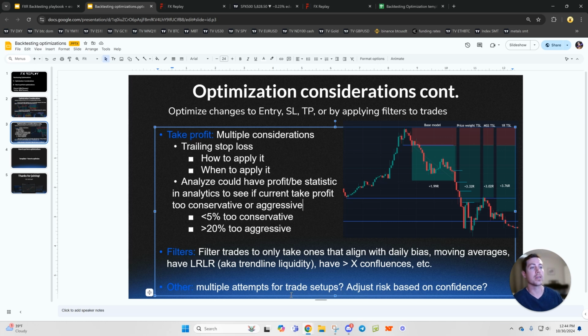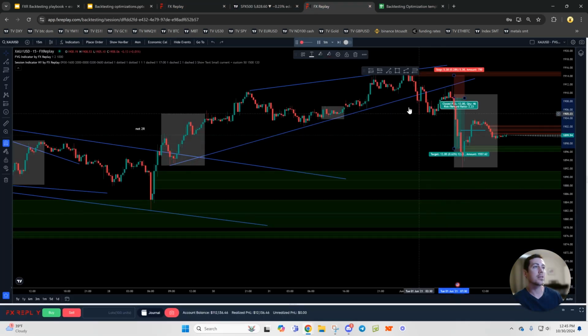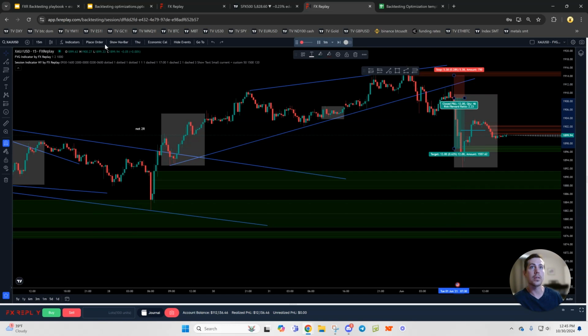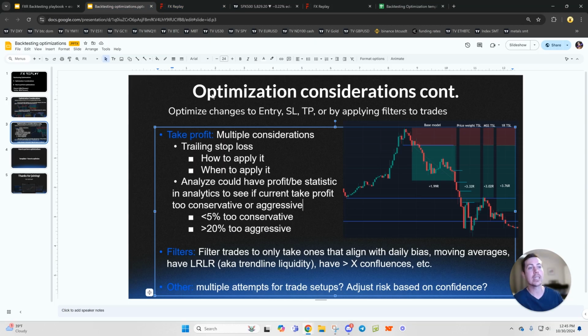For this one specifically, you can't really use my template, but when you're doing the backtest, when you place the order, I would just use a tag here. Sorry, let me capture this. So you can come in here for the tags and maybe put something like second attempt. And then when you go into the analytics, you can filter all of those trades and see if it's worth taking 2 attempts for certain trades.